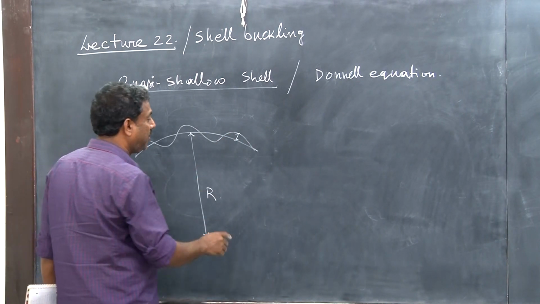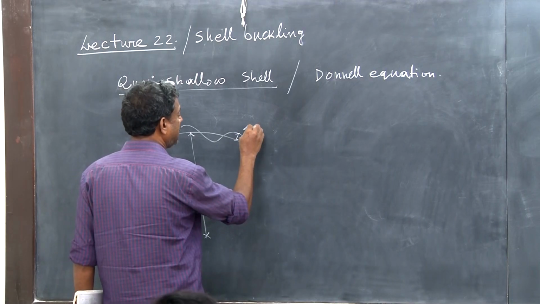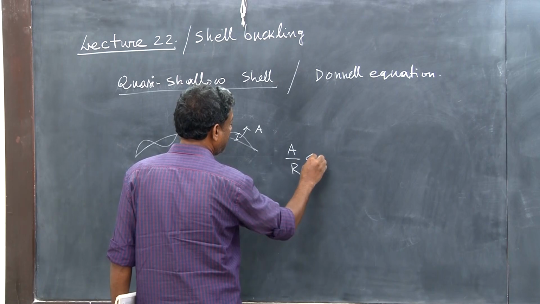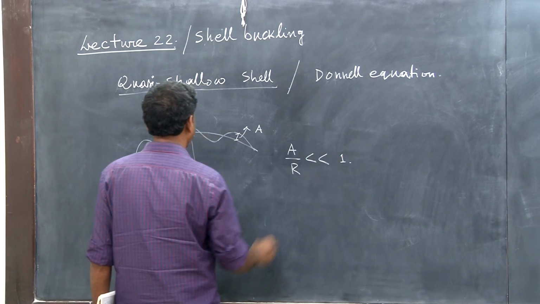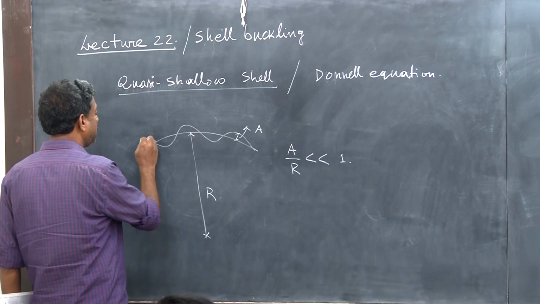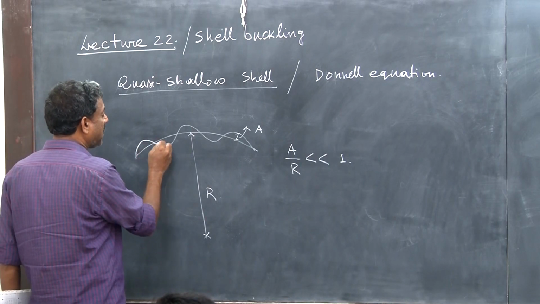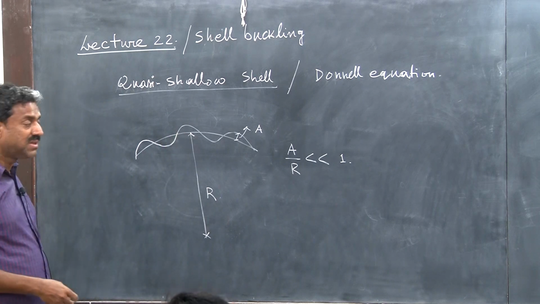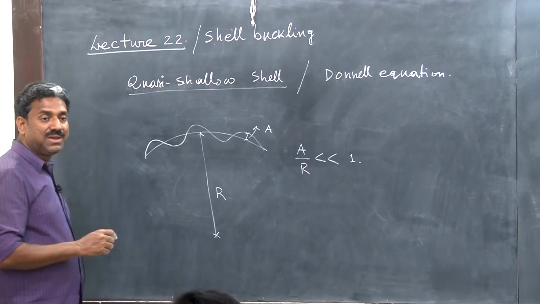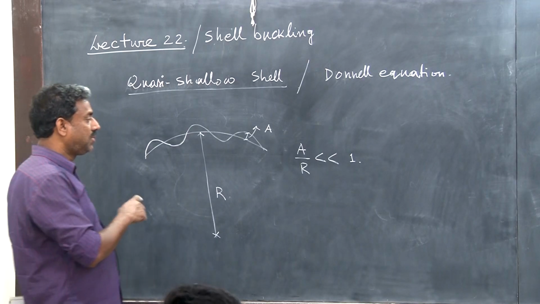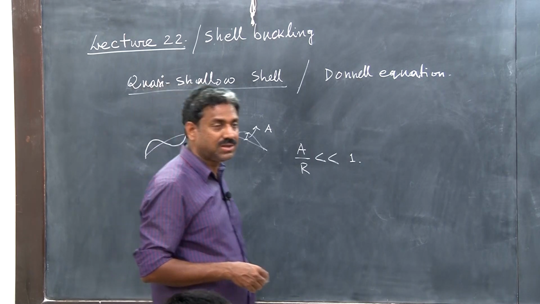This amplitude we may assume to be A, so A by R is very, very negligibly small compared to 1. Then each buckle, each half wavelength describing the buckle, is essentially behaving like a shallow shell, okay. So this is one of the assumptions while deriving Donnell's equation.